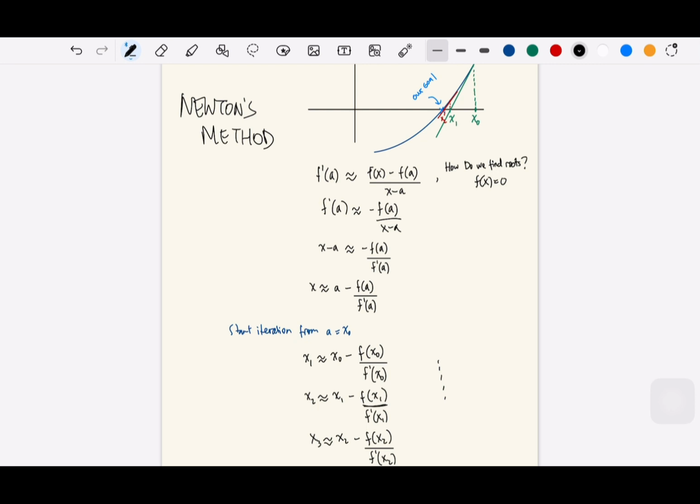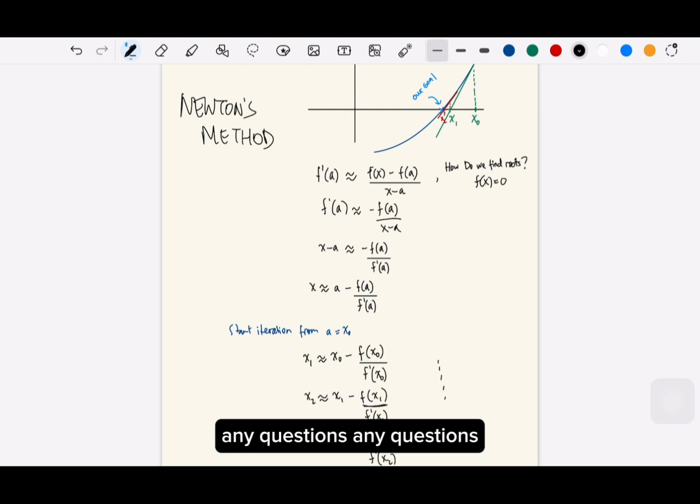It means that it's around that approximation. Later I will show you. Any questions?